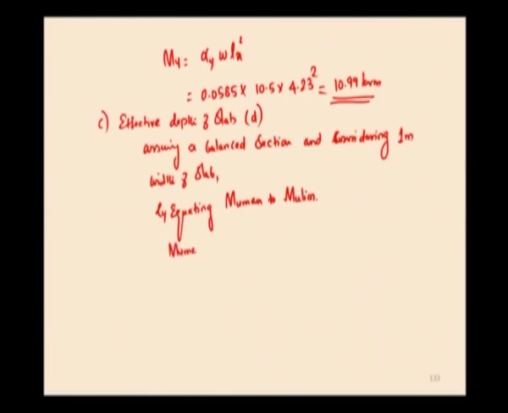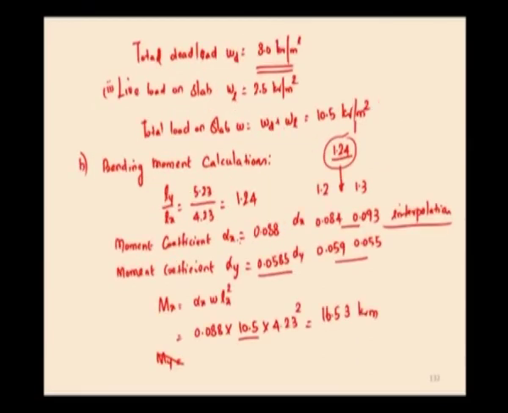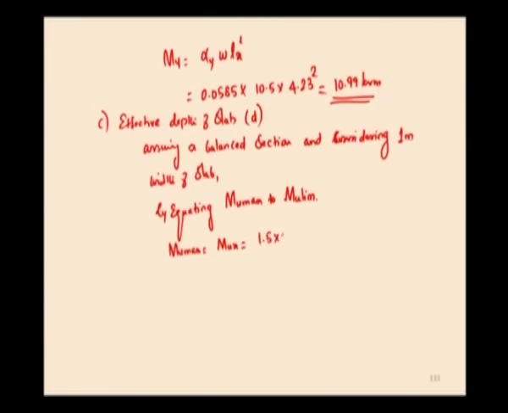So, here Mu maximum is the moment along x direction, that is Mu maximum is equal to Mu x, that is equal to 1.5 into 16.53, that is equal to 24.80 kilonewton meter.